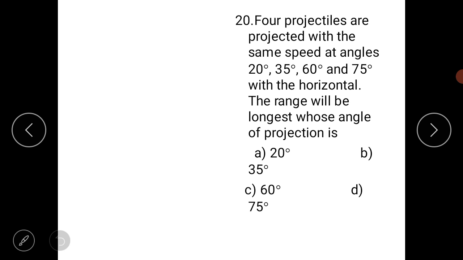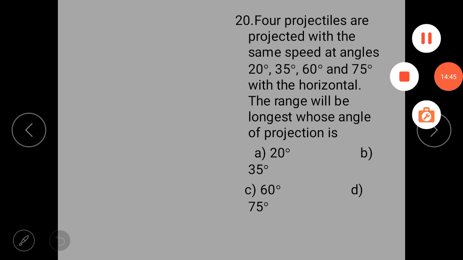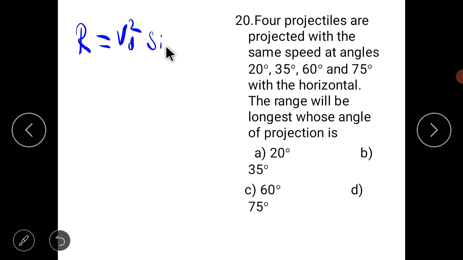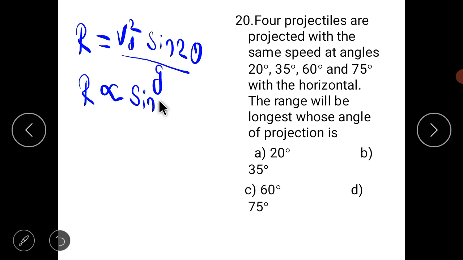Already you all know the range of the projectile R is V naught square sin 2 theta divided by g. Here, since the initial velocity is the same, clearly R is proportional to sin 2 theta.